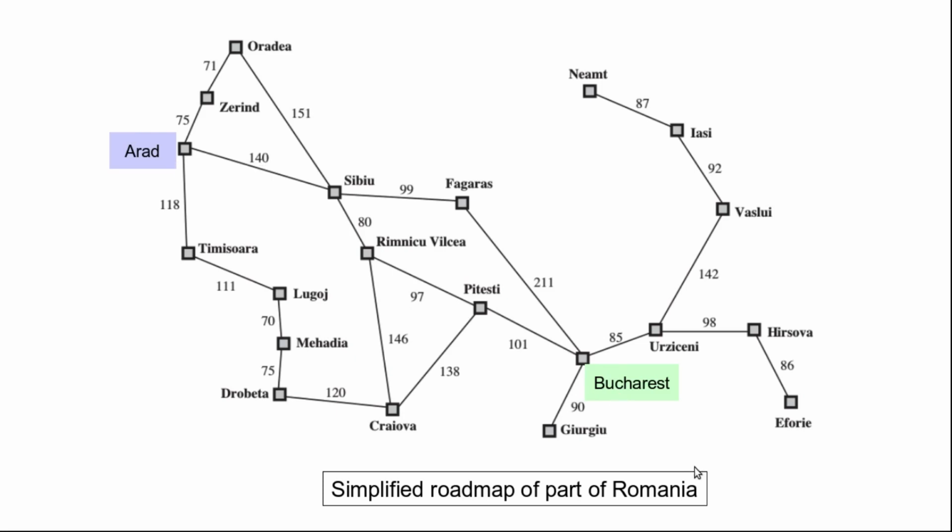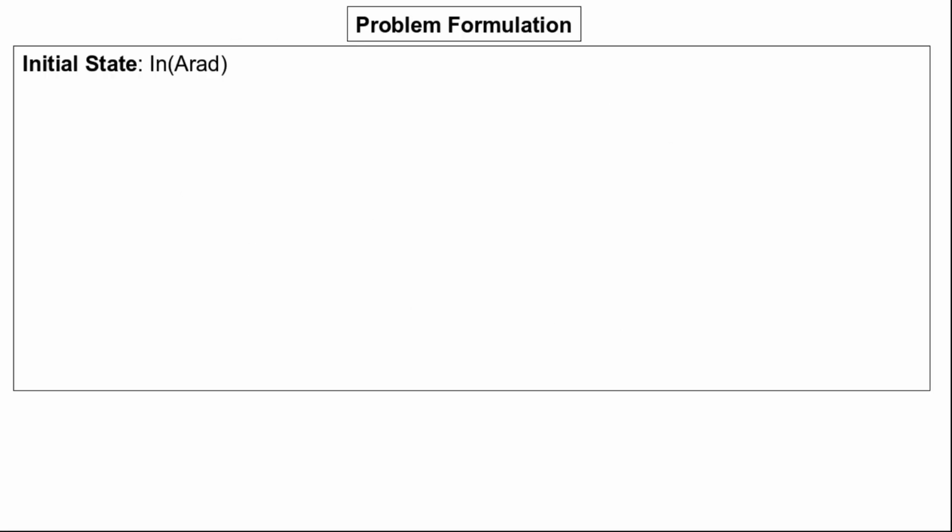For this problem, let's see how we can formulate the problem. As you remember, we have 5 components in the problem formulation. The first component is the initial state. The initial state for this problem is that we are in the city Arad.